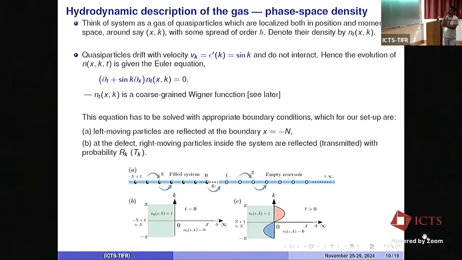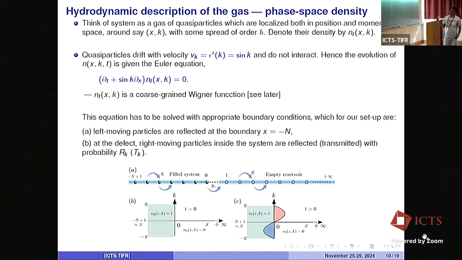Now I'll talk about the hydrodynamic description of the system. It's a non-interacting gas, and the hydrodynamic description says that you have a phase space density, which tells us how many particles there are at position x and momentum k. This is some coarse-grained phase space density.